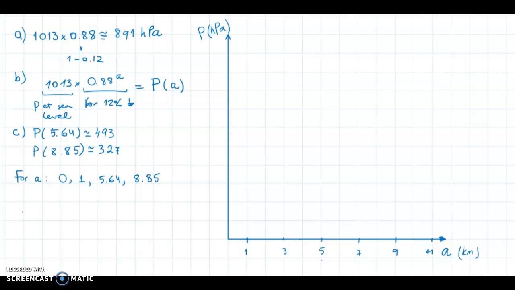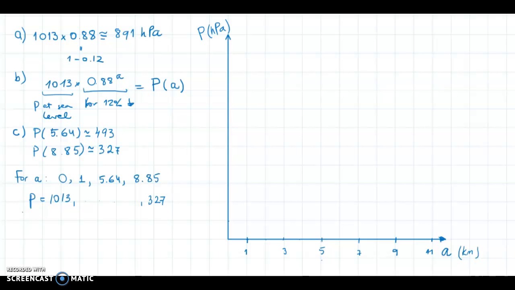Okay, for the pressure in hectopascals, the highest value that we have is 1013 at sea level, and then the values are going to be going down, and the lowest that I have is 327. So I need to be able to fit a bit more than 1000 hectopascals in the y-axis.